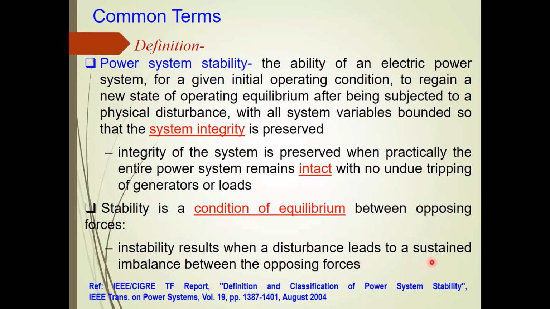If you have a sustained level, right, it's not just for one instant, but let's say time instant t1, then next, after 2 seconds, after 3 seconds, after 4 seconds, or 5 seconds, or let's say 10 seconds, you are not able to achieve equilibrium, or you have a sufficient level of imbalance between those forces, then in that case instability may arise here. So that is the definition here.